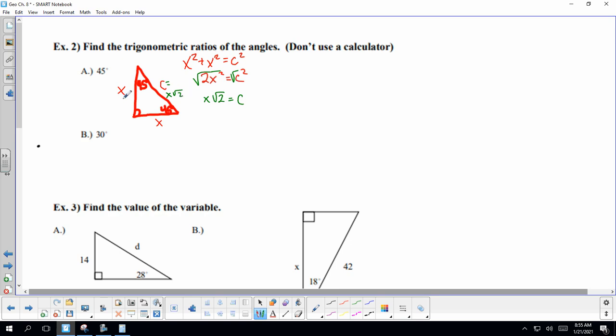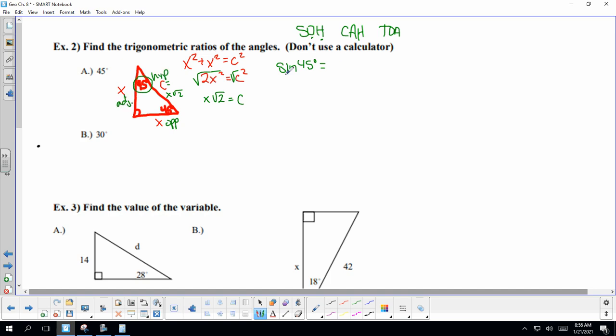Okay, now let's put together our ratios. So we have SOH CAH TOA. The sine of 45 degrees is opposite over hypotenuse. So for 45 degrees, let's go opposite. This is the hypotenuse, and this is the adjacent.